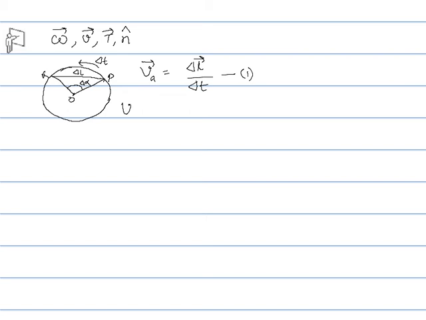This is called instantaneous velocity. So we consider the limit of average velocity.